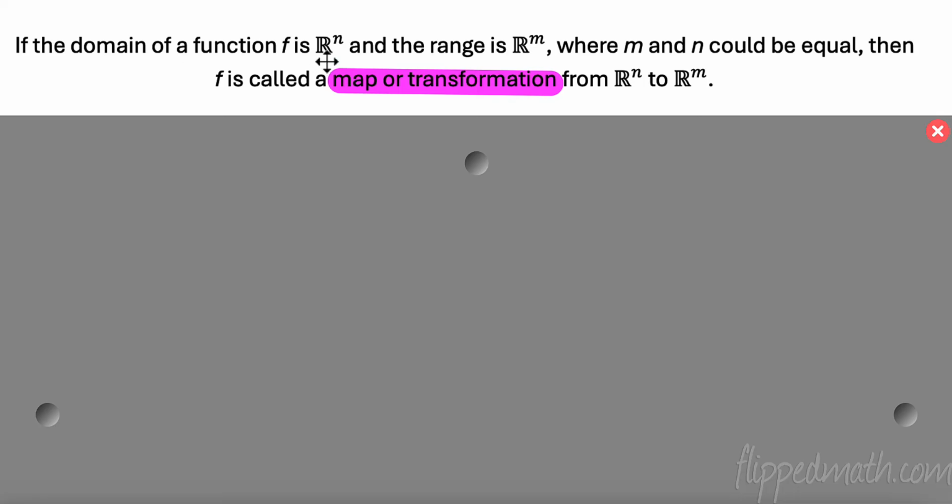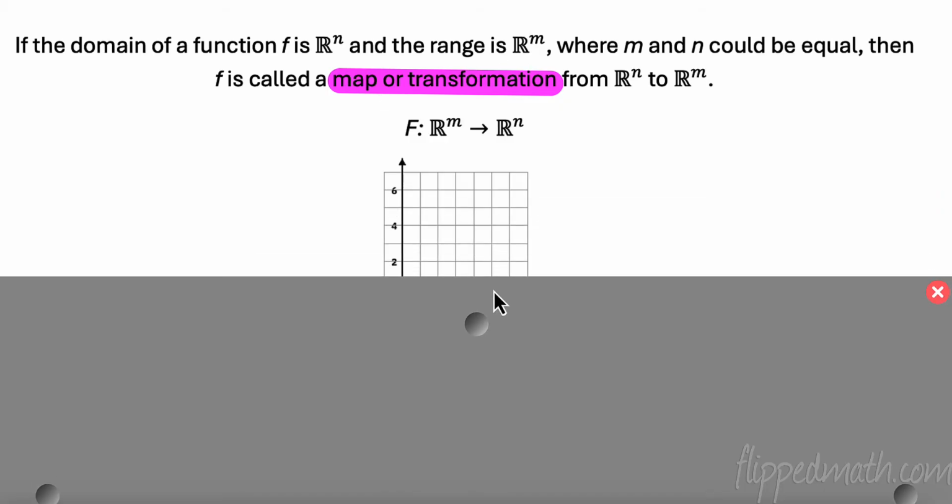So if my domain is all real numbers to the n power, and the range, my outputs, is all real numbers to the m power, where m and n could be equal, then f is called a map or transformation from Rn to Rm. So in other words, I'm taking my input and mapping it to something else. It transforms likewise.